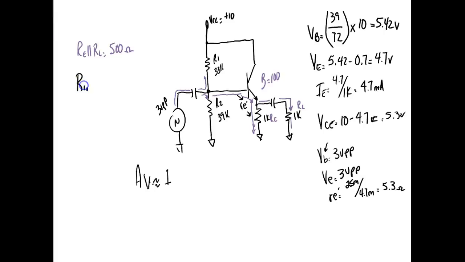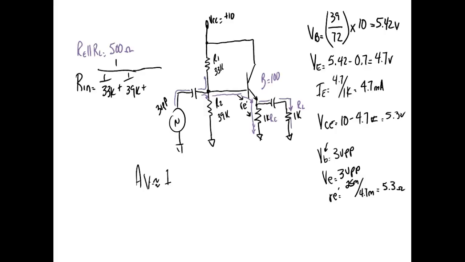Okay, so Rn or Zn, whichever one you called it, is going to be 1 over 33K plus 1 over 39K plus, we're going to ignore RE prime. Why are we going to ignore RE prime? Because it's so dang small, right?